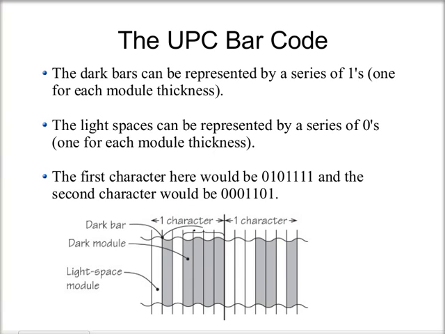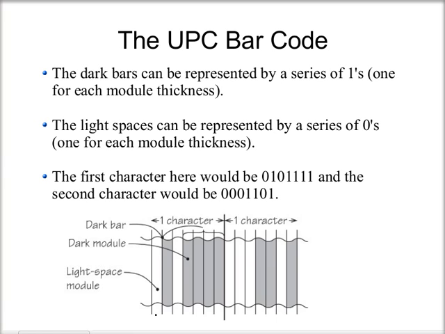And this is a binary code because we can think of the dark bars as being represented by a series of 1s, 1 for each module of thickness. And the light spaces can be represented by a series of 0s, 1 0 for each module thickness of the light space. So in our example here, we have a 0 for each module of light space and a 1 for each bar.